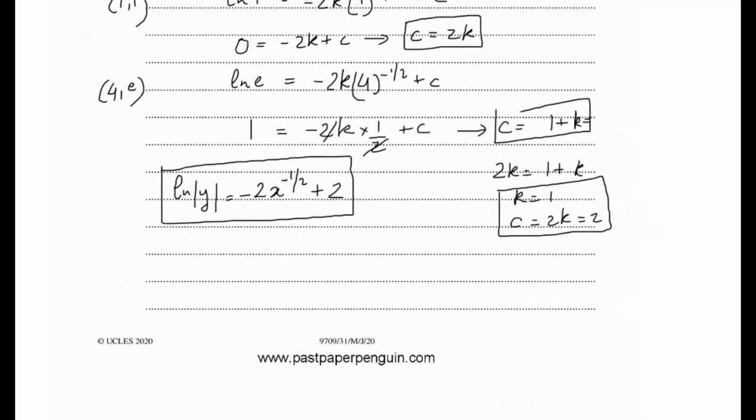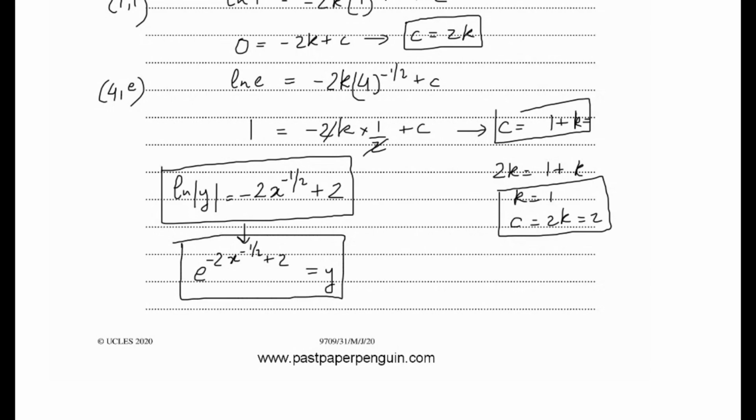So in order to make y the subject, we can convert this into an exponential form. So e to the power of negative 2 x to the power of negative half plus 2 is equal to y. Okay, this we can split up actually if you want to simplify it, or you could leave the answer like this as well, that's fine.